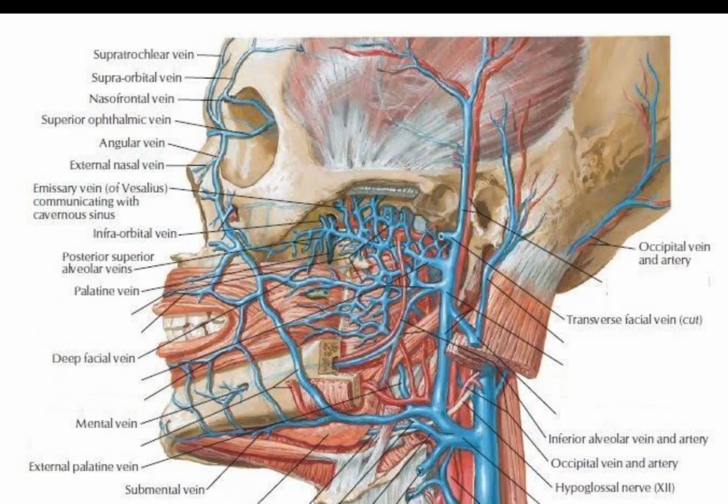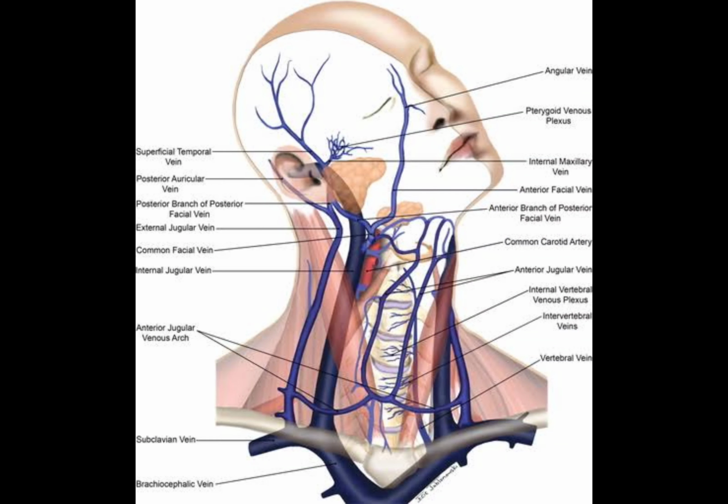Then both the external and internal jugular veins descend down. The external jugular vein drains into the subclavian vein and the internal jugular vein joins with the subclavian vein to make the brachiocephalic vein. The brachiocephalic veins of the left and right side join together to form the superior vena cava.